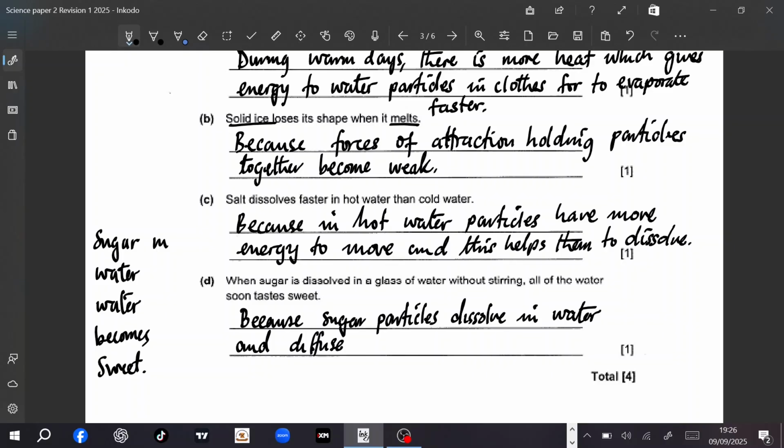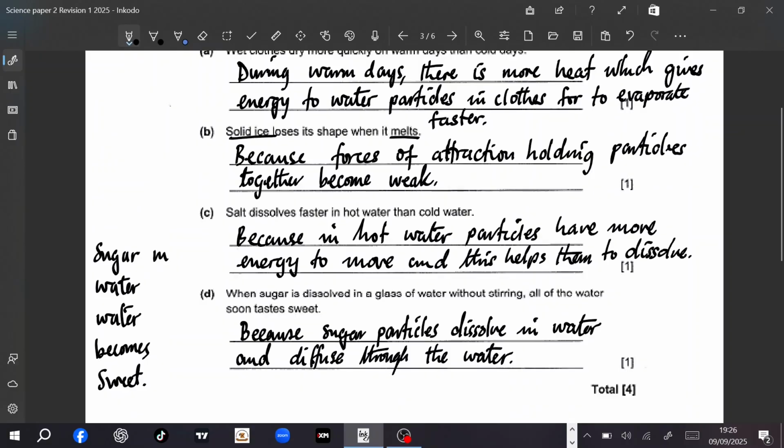You know, diffusion, movement from a region of high concentration to a region of low concentration. So they will diffuse through the water. So because sugar particles dissolve in water and diffuse through the water.